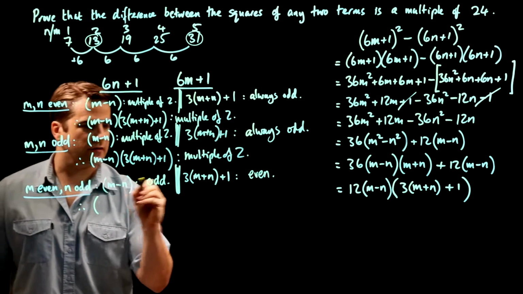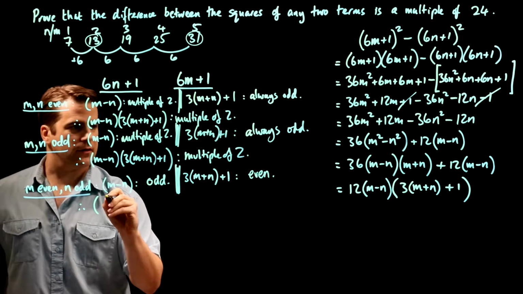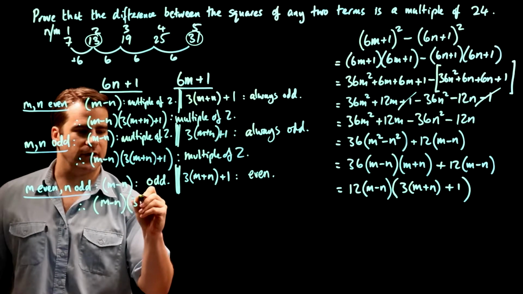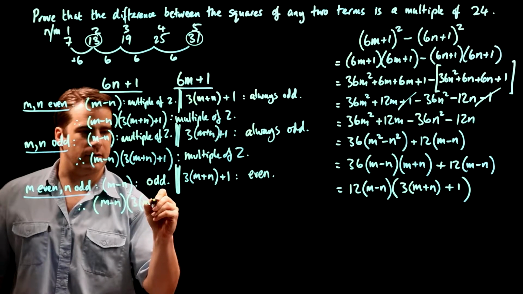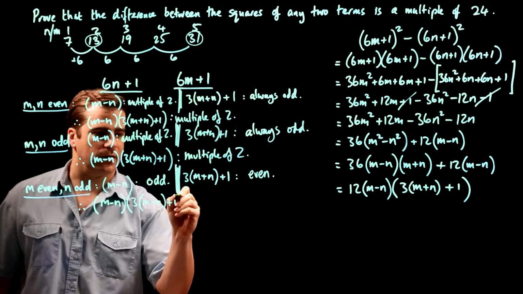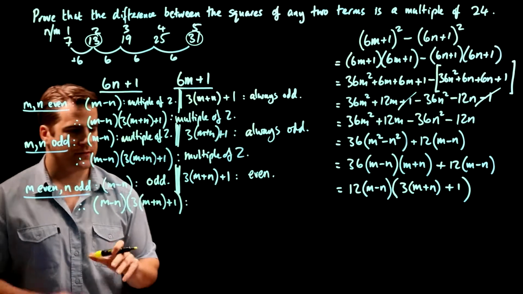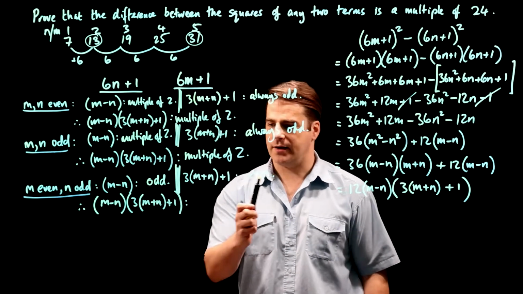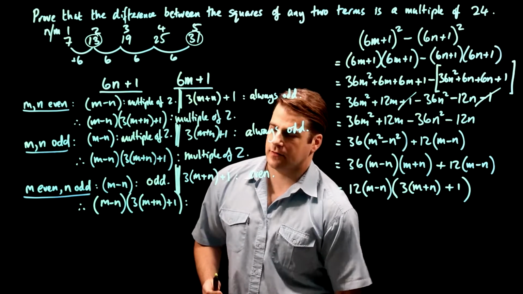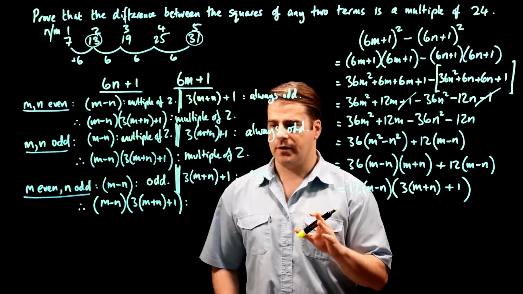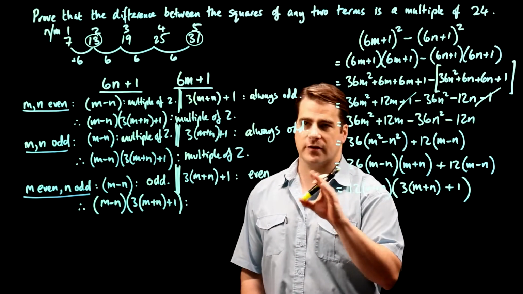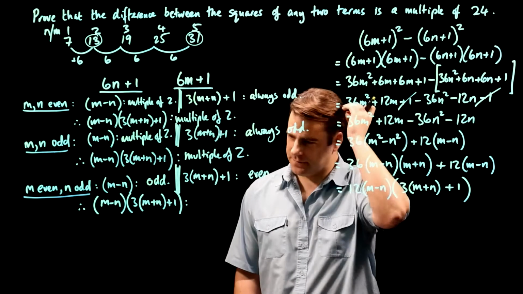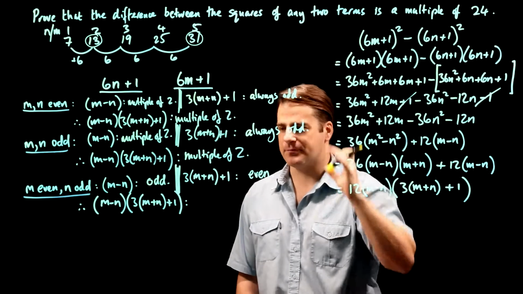Therefore, what about an odd number times an even number? Therefore, m minus n multiplied by 3m plus n plus 1. Right, we have an odd number multiplied by an even number. Well, an odd number times an even number is always even.